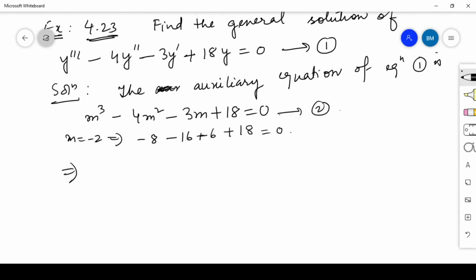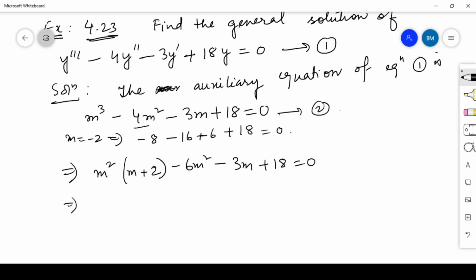This will give m square (m plus 2), then comes minus 6m square, because this plus 2m square was not written in the equation 2, so I have to subtract it. So originally there was minus 4m square, and I have to subtract 2m square. All total there will be minus 6m square minus 3m plus 18 is equal to 0. And if you want, then you can divide the expression m cube minus 4m square minus 3m plus 18 by m plus 2.